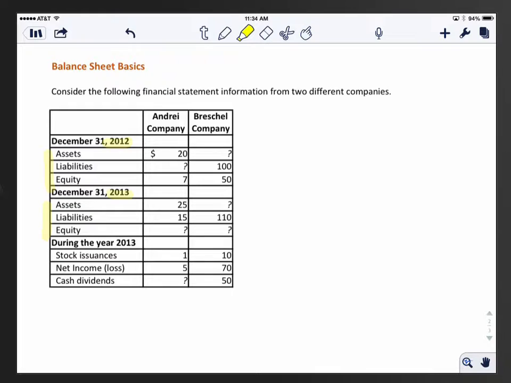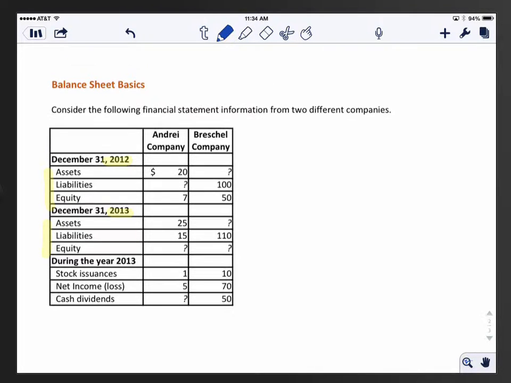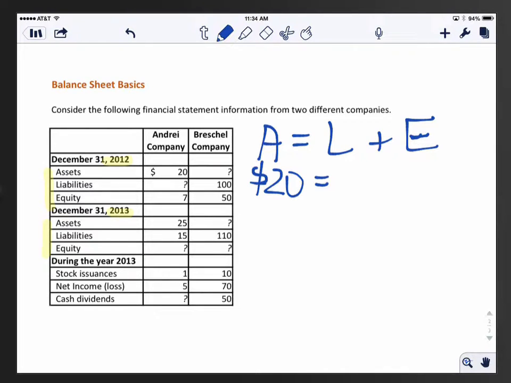Now, there are some missing values, and we're going to calculate those. But those should look very familiar to you, because you have learned assets equal liabilities plus equities. So for some of these, you just have to do the math and fill in the blanks. Looking at Andre Company, we've got assets of $20, using really easy numbers here.